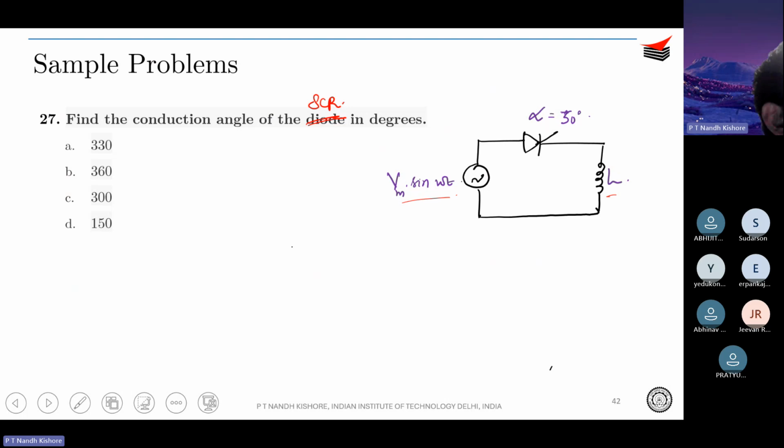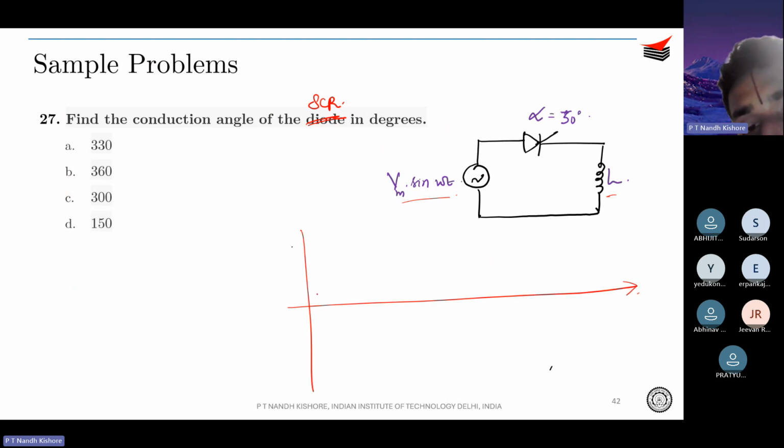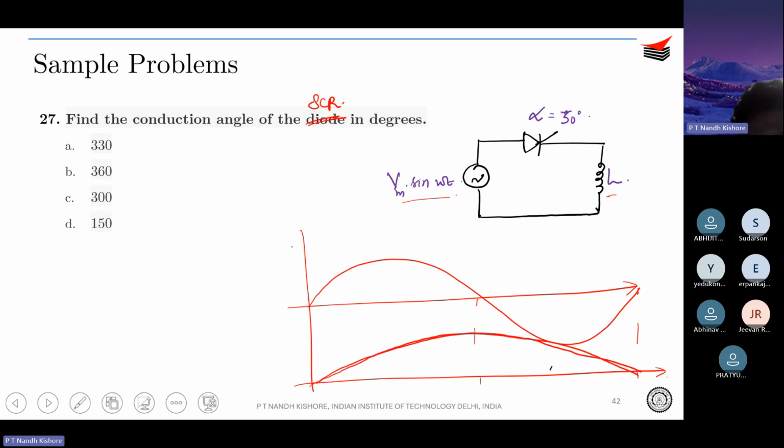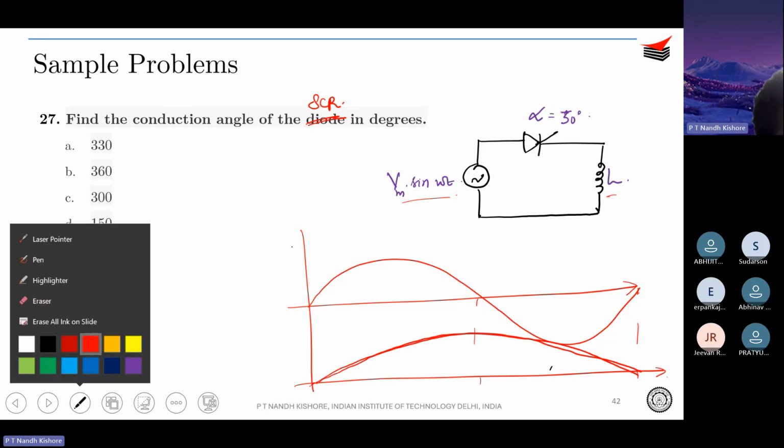Okay. So the point is, you have something like this, right? This was your input voltage. And we saw that for a diode, it is something like this. This is the conduction. However, for an SCR, we saw that it starts conducting only after 30 degrees, right?